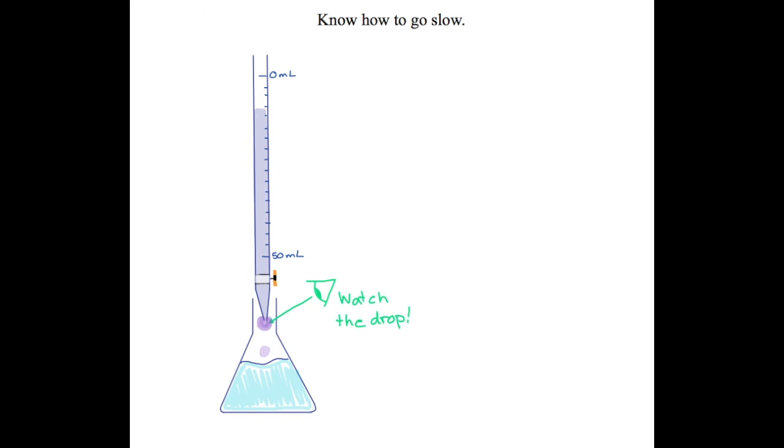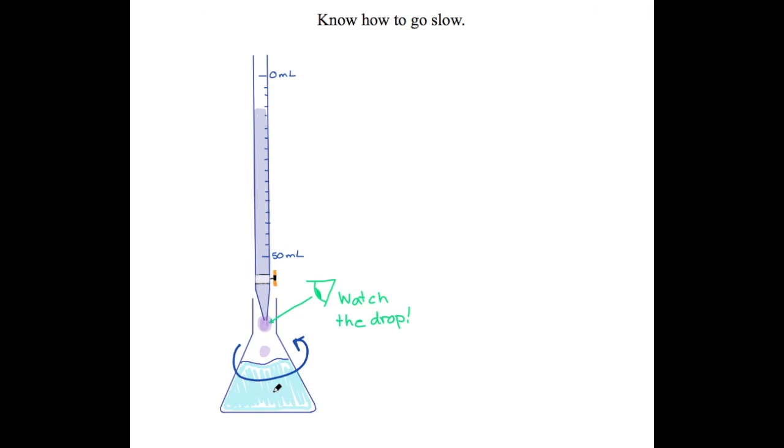Now you can swirl your solution and mix that drop of titrant into the solution and observe if the reaction is finished or not. While that's happening, the stopcock is still open and you're waiting for another drop of titrant to grow on the end of the burette and eventually fall into solution.